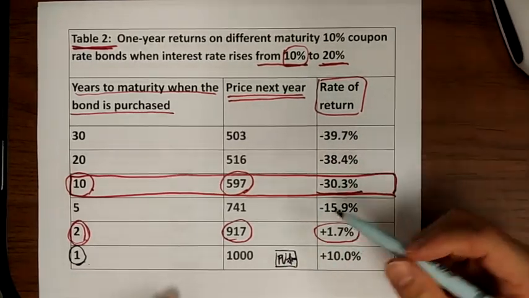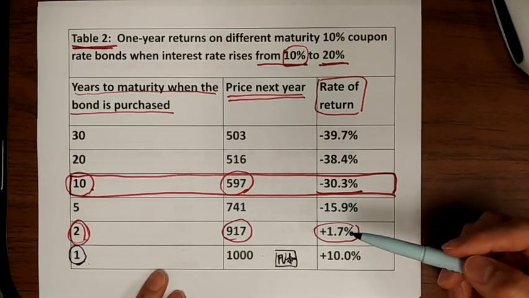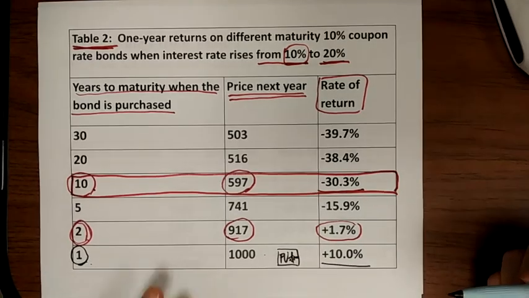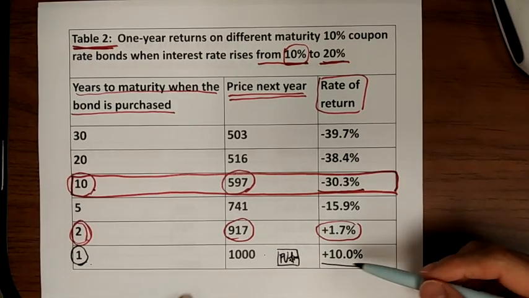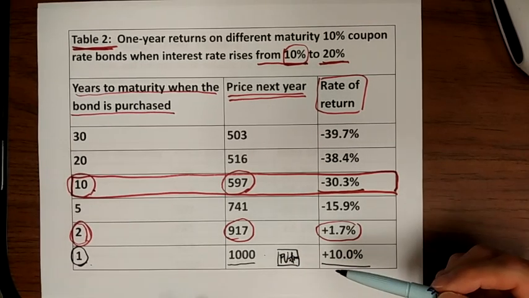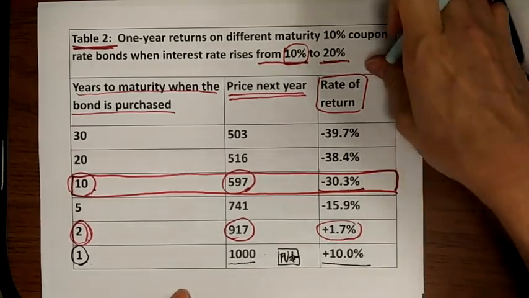Well, people are not going to do that. You just do it by yourself. Then what you're earning, your rate of return is 10% because you get $100 coupon, and then you get $1,000 back. So your rate of return is exactly 10%.